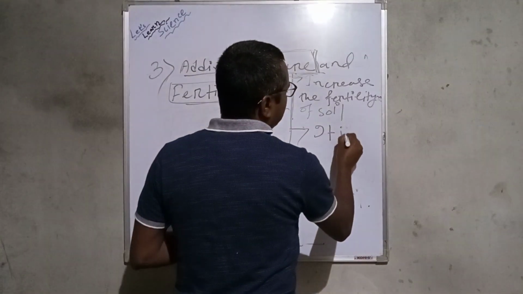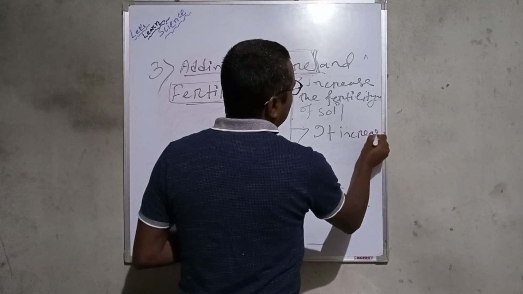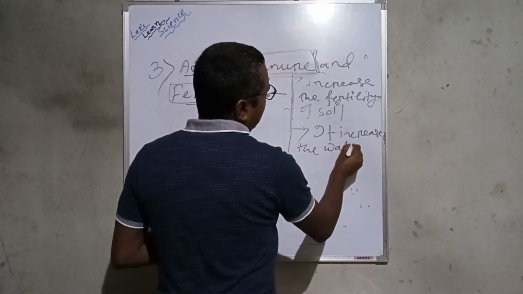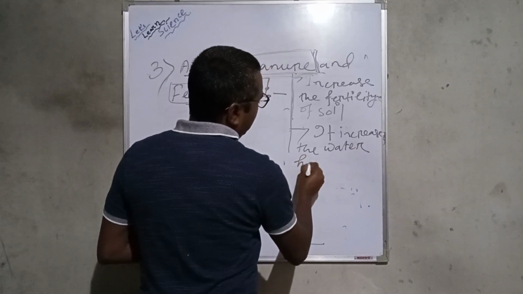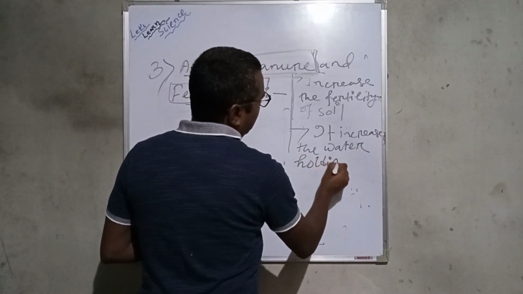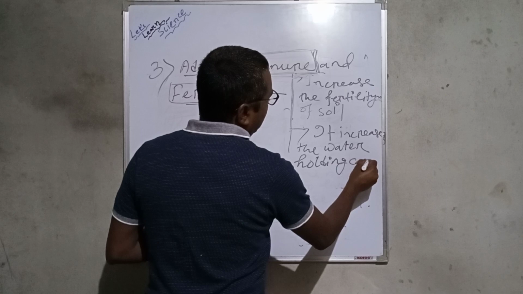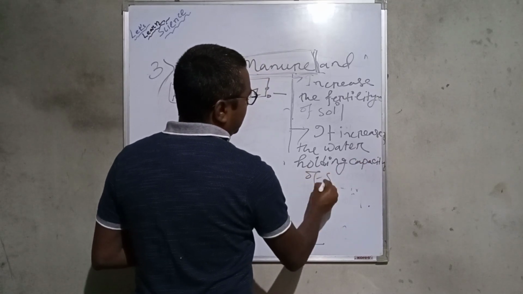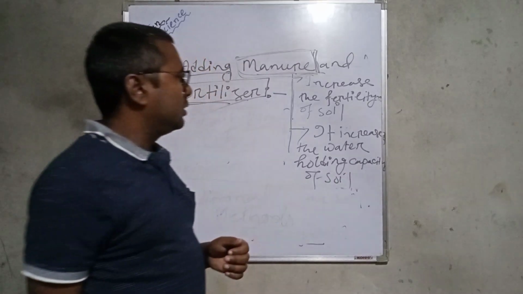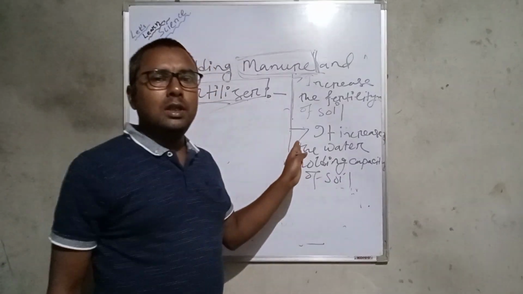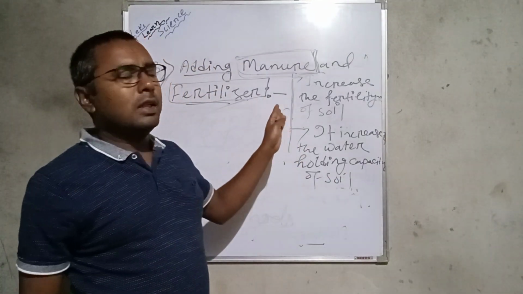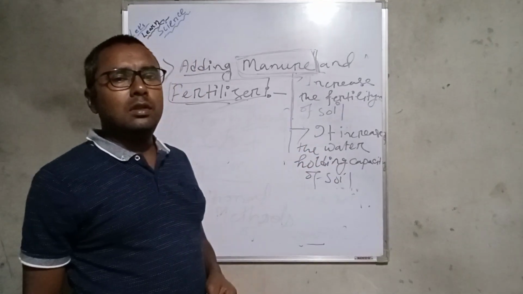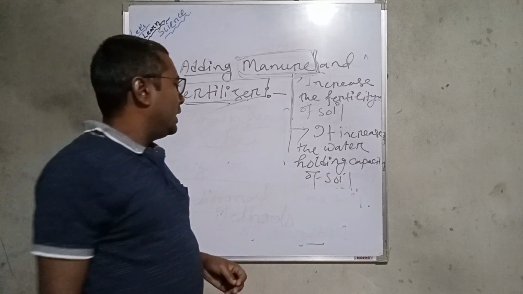It increases the water holding capacity of soil. That means when manure is used in the agricultural field, it increases the water holding capacity of the soil.